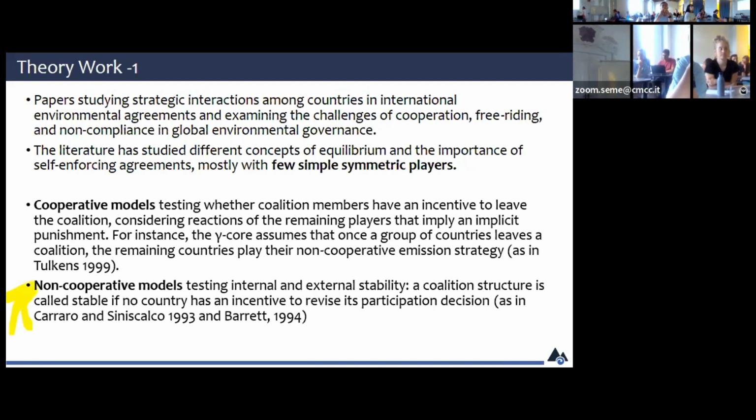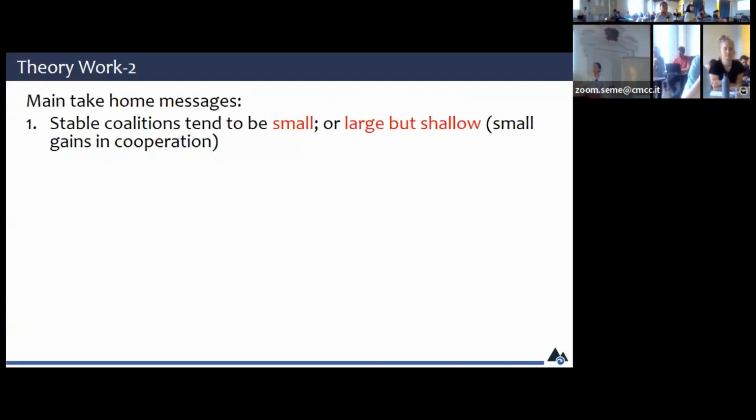Okay, so just to say that this is where we stand, this is the literature that I cover, with these few bullet points of what we learned from this work. What we learned is that stable coalitions tend to be small, and if they're large, they're shallow. That means that if they cover multiple countries, these countries won't do much abatement.